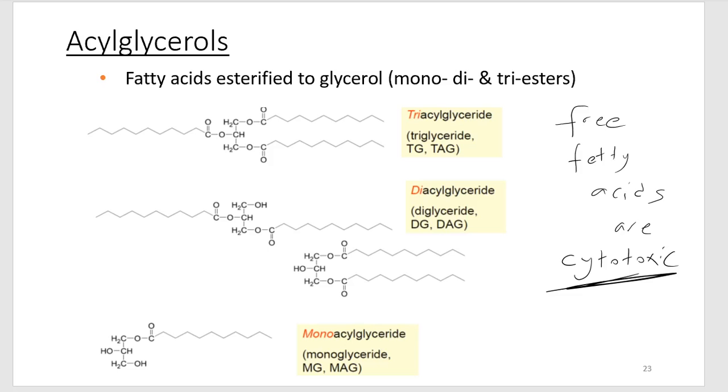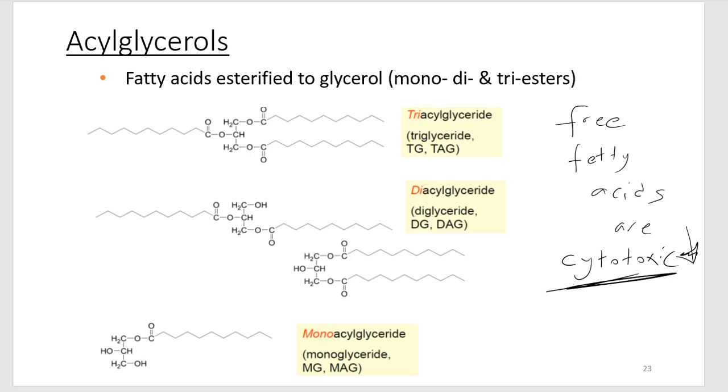If these free fatty acids are esterified onto glycerol, their surface activity decreases. Therefore, their cytotoxicity decreases. Over 99% of the fatty acids in plants and animals are esterified to glycerol to form acylglycerols, which are the predominant constituents in oils and fats.